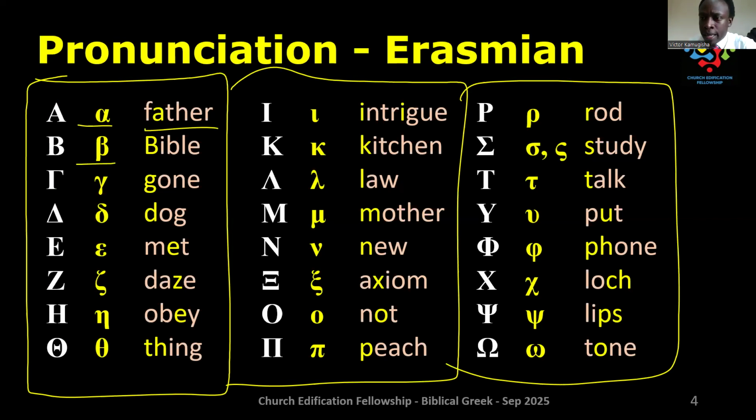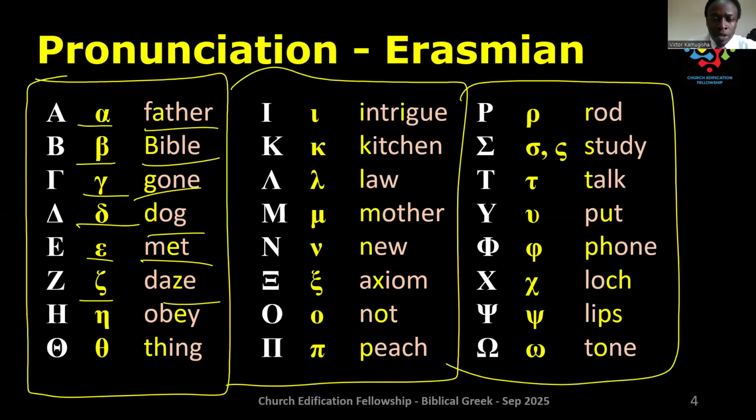Beta is pronounced as Ba, as in the word Bible. Gamma is pronounced as Ga, just like in the word gone. Then delta is pronounced as Da, just like in the word dog. Then epsilon is pronounced as A, just like in the word met. Then the zeta is pronounced as Za, just like in the word des.